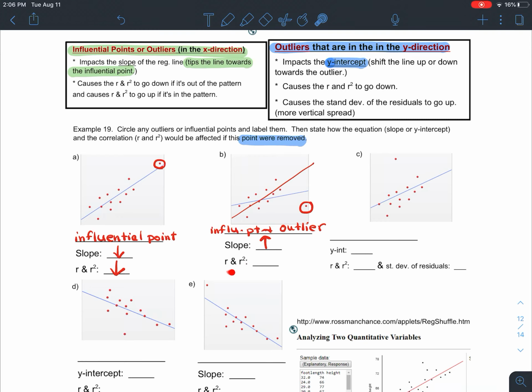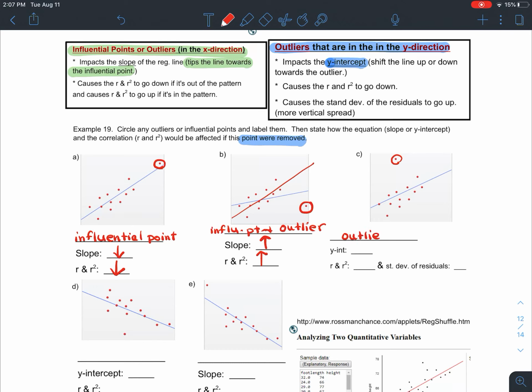So if I were to remove that point, the slope would definitely increase. It would be tipped up more. Since it's outside of the pattern, it is actually weakening the correlation and the coefficient of determination. So if this were removed, then my correlation would go up. It would definitely be strengthened.